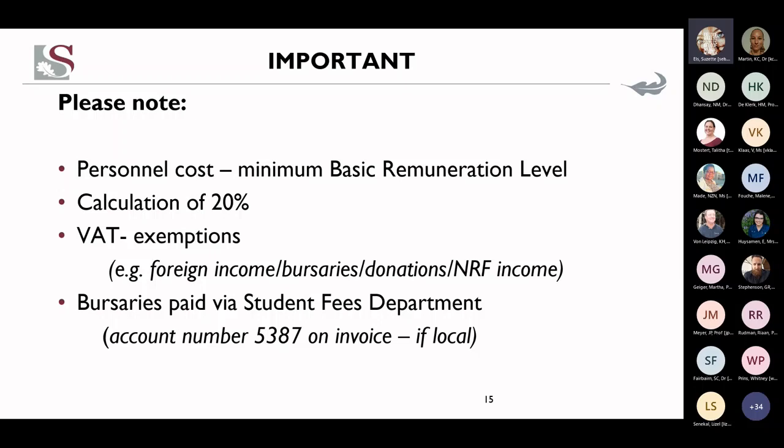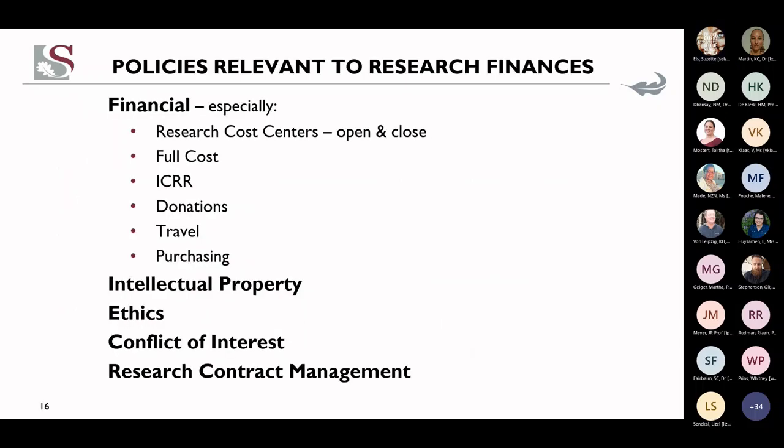It's only your foreign funding which will go to one account number, 5598. That will be handled differently, but always remember, if you have to locally invoice a funder for bursaries, use that account number, then you don't need to have any VAT or ICRR corrections.